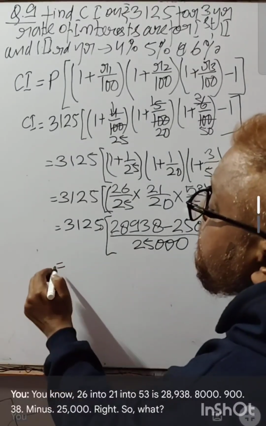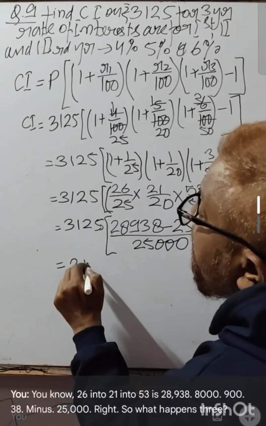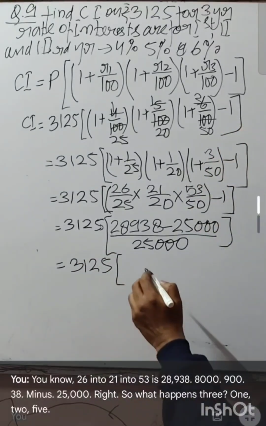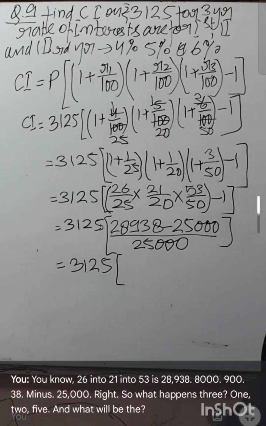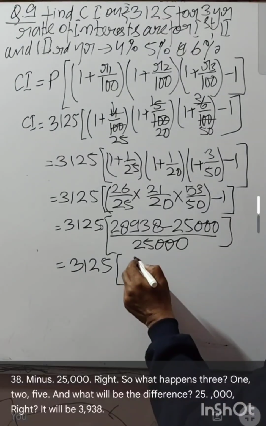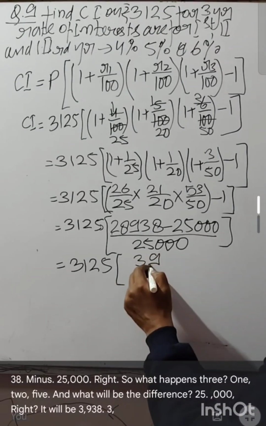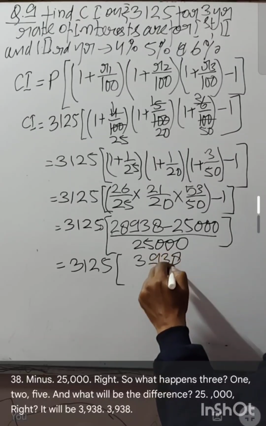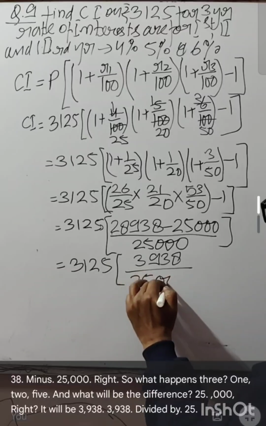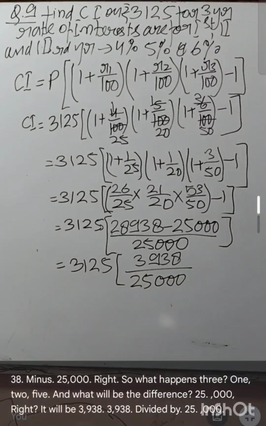So what happens? The difference is 3,938. So 3,938 divided by 25,000, multiplied by 3125.